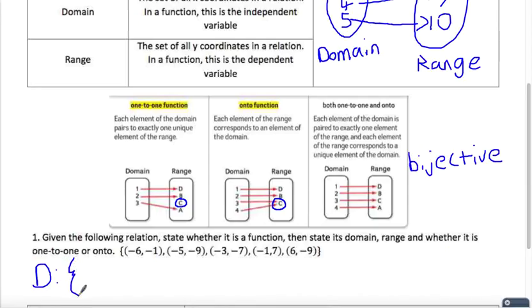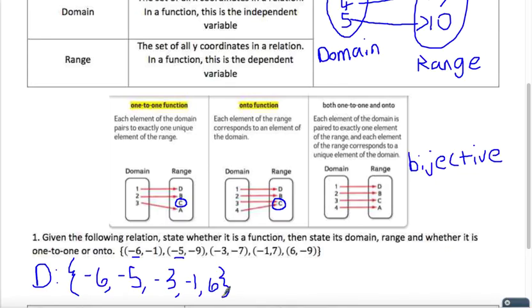So we have -6, -5. I'm just grabbing the first number in each of these ordered pairs. -6, -5, -3, -1, and 6. So that's the entire domain of this function.